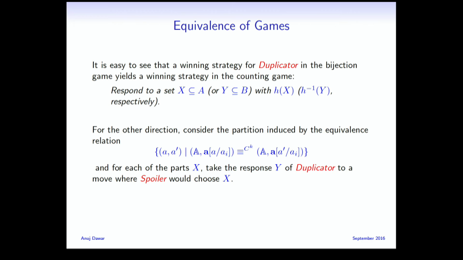For each of these equivalence classes, by the assumptions of the counting game, Duplicator has a response which is a set of the same size. And then you stitch these sets of the same size together to construct a bijection between the two. And you can show that that's a winning move in the bijection game. Okay.